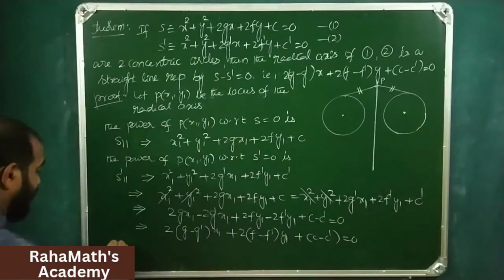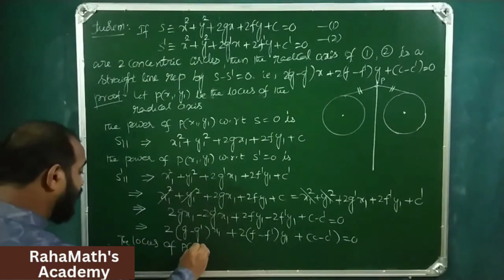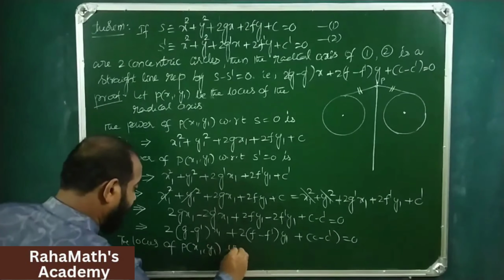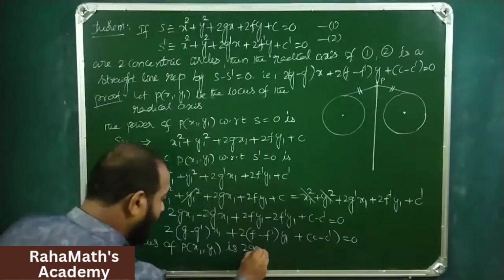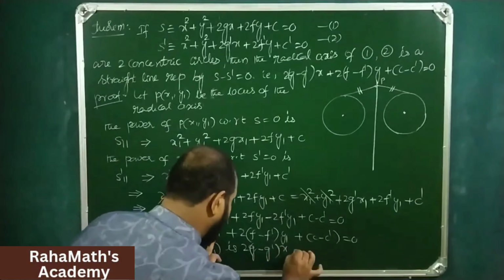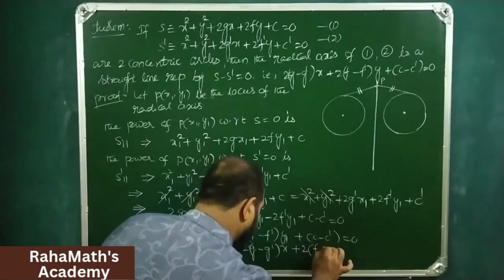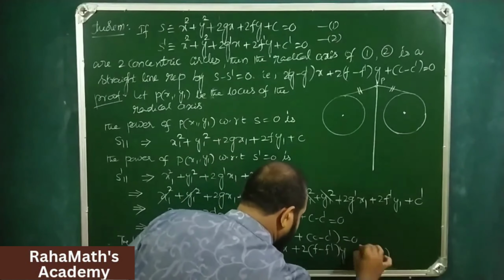Therefore, the locus of P(x1, y1) is 2 into (g minus g dash) x plus 2 into (f minus f dash) y plus c minus c dash equals 0.